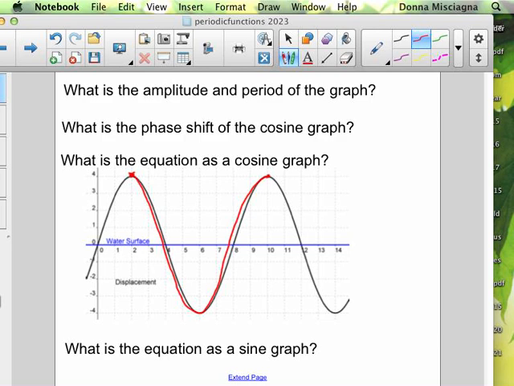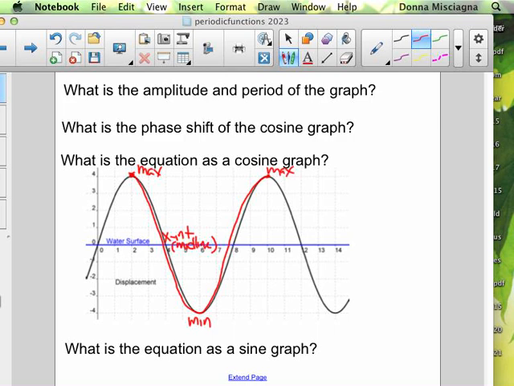If there's no reflection, cosine starts off at the maximum, crosses the x-axis, has its minimum. Actually, let's go ahead and write that. Maximum, x-intercept, or midline if it's been shifted up, minimum, and then back to the maximum.